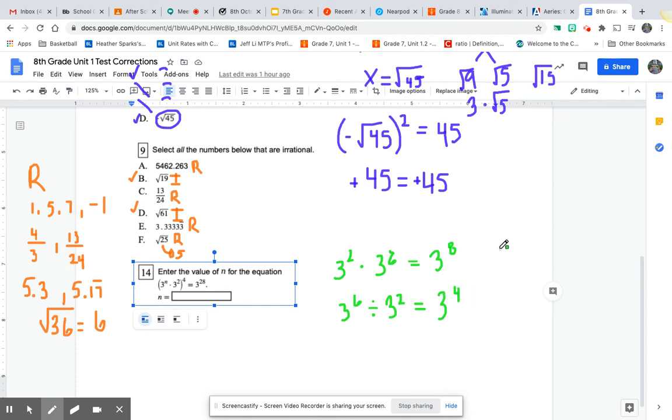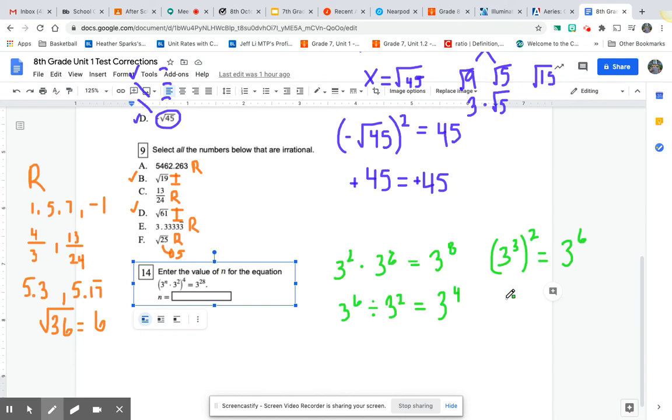If you have an exponent and you're raising it, like this one, you're going to multiply the exponents. 3 times 2, 6.